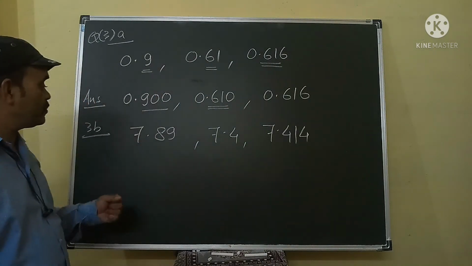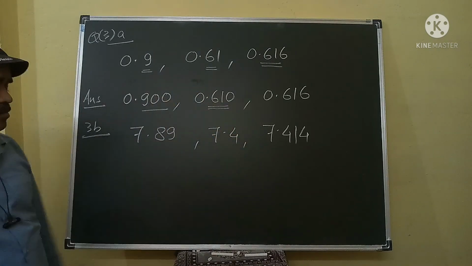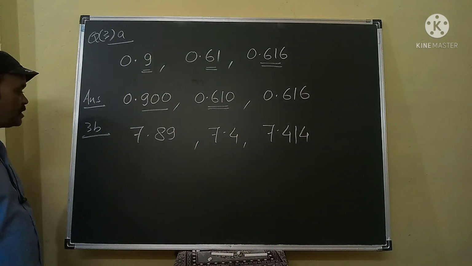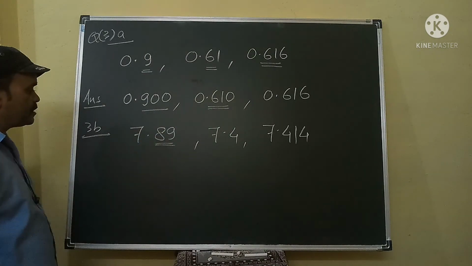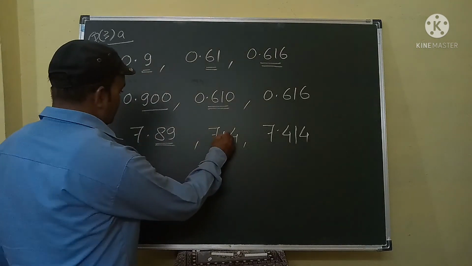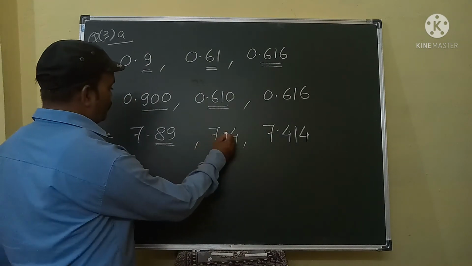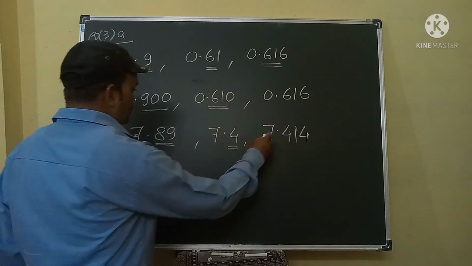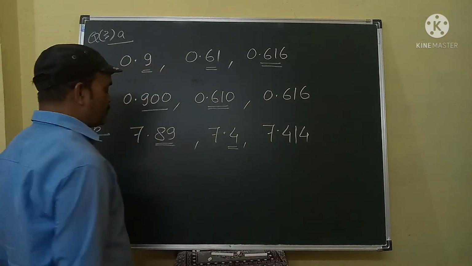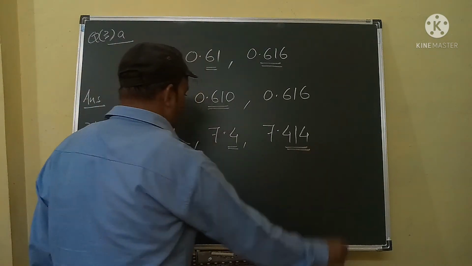So what will we do? We will convert the unlike decimals to like decimals. How? Look here. In the first number, after the decimal point the number of digits is 2. In the second, it is 1. In the third, it is 3.